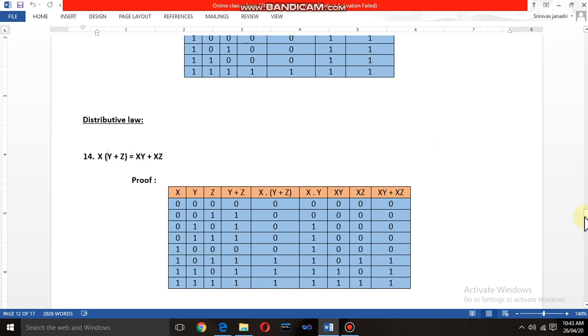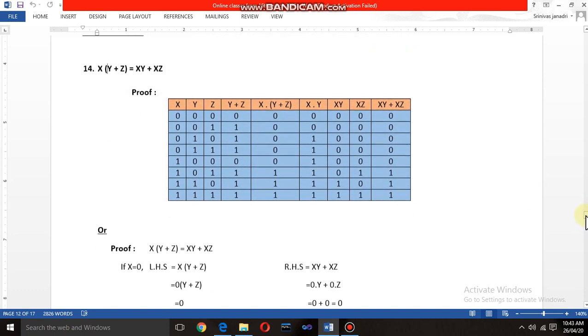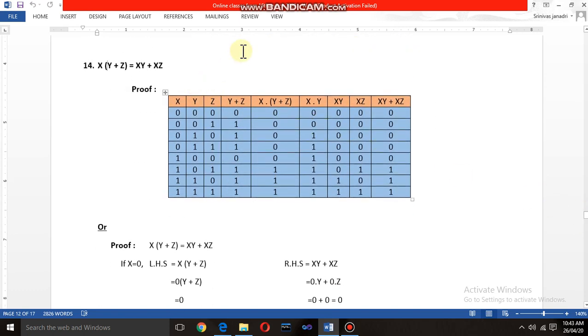Let us prove this, first by the truth table method. You know how to prove by the truth table method: you generate the result of the LHS and the result of the RHS, and the results should be the same.